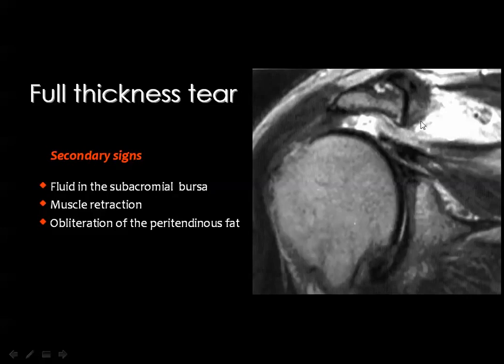And you know that osteoarthritis of the acromioclavicular joint is one of the major causes contributing to degeneration and tear of the supraspinatus tendon, and this is an example of advanced osteoarthritis of the acromioclavicular joint with full thickness tear of the supraspinatus tendon. You see the retraction and the distance from the cut edge of the tendon to the insertion site.